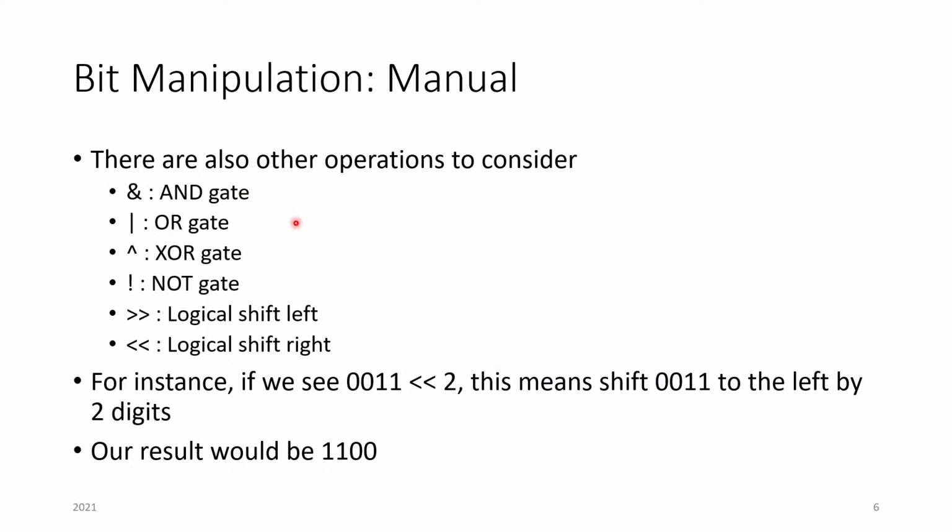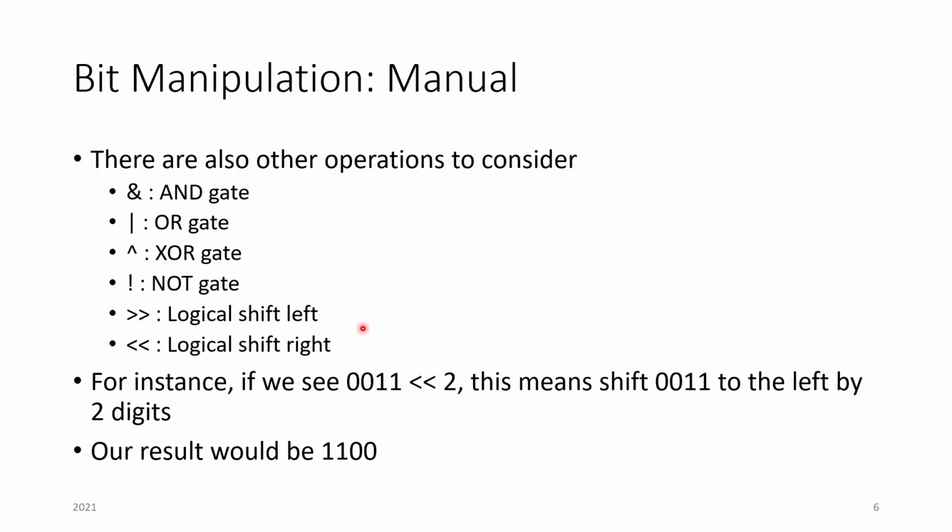There are other operations to consider, and some of them you already know, which is basically your AND, OR, XOR, and NOT gates, which I've seen so far in digital electronics and some previous courses. But the two operators that you need to know about here are logical shift left and logical shift right.